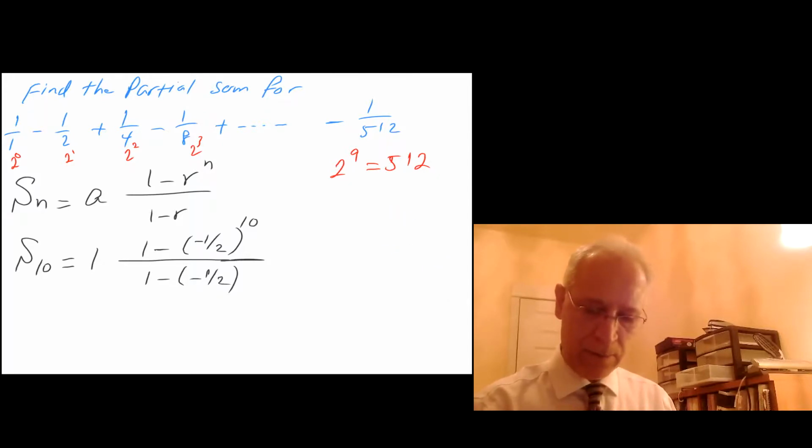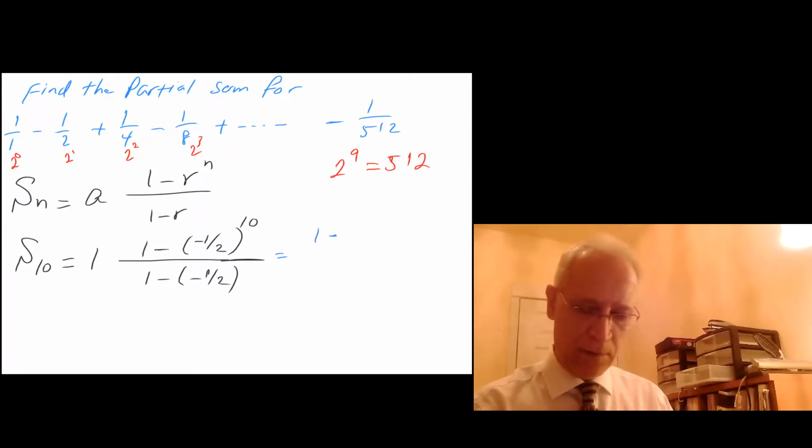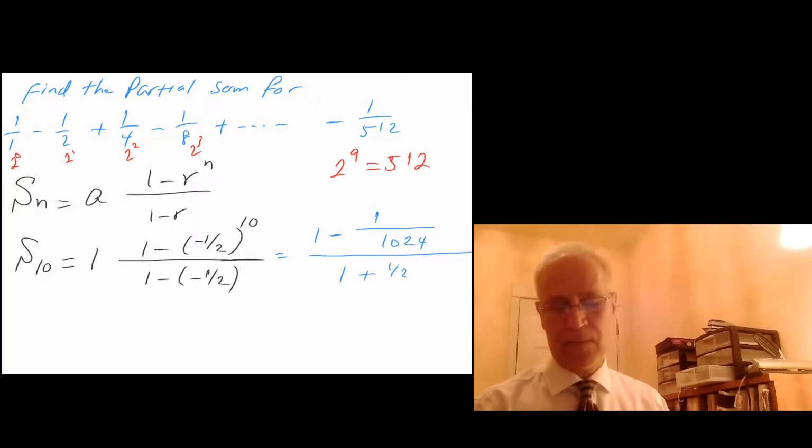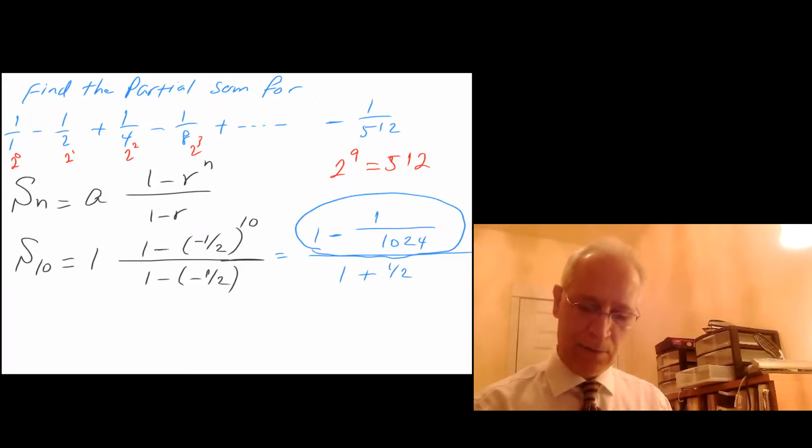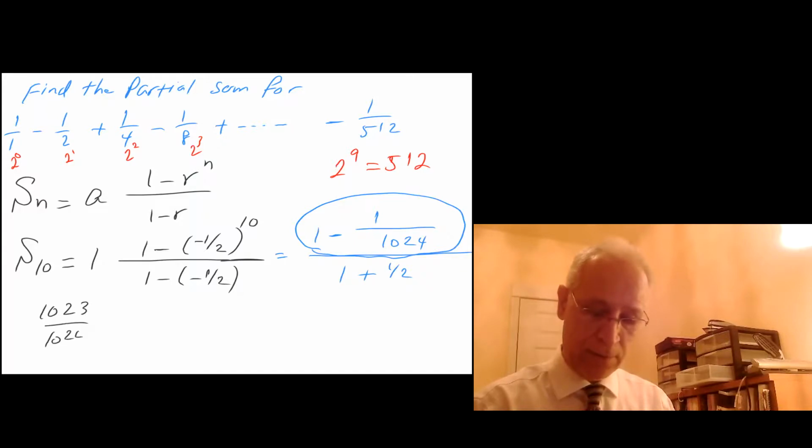And that equals 1 minus 1 over 1024 over 1 plus 1 half. Using the LCD, I'm going to combine those 1 and 1 over 1024, and I get 1023 over 1024 over 3 half.